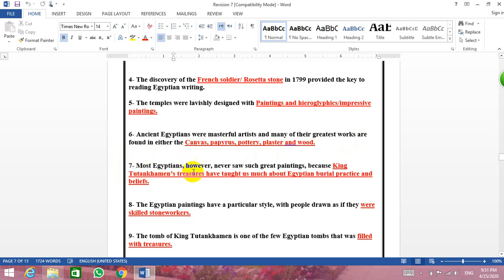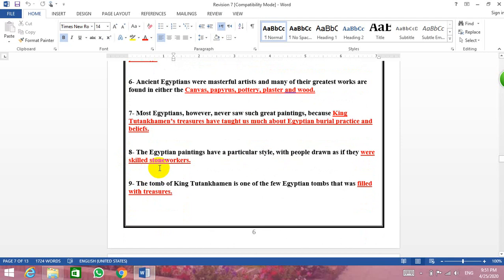Most Egyptians, however, never saw such great paintings because King Tutankhamun's treasures have taught us much about Egyptian burial practice and beliefs. So the king's name was King Tutankhamun.